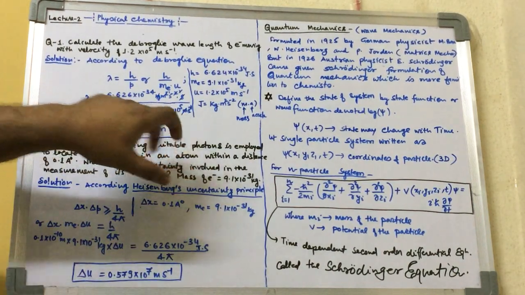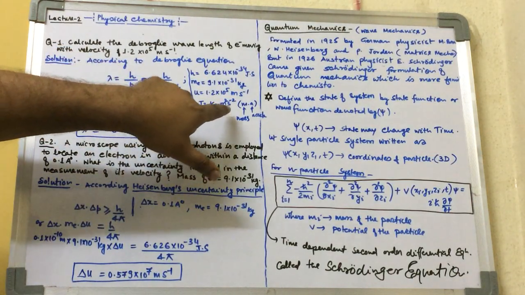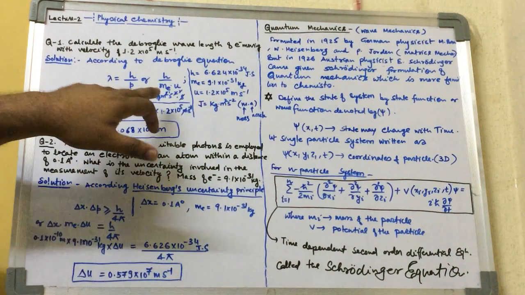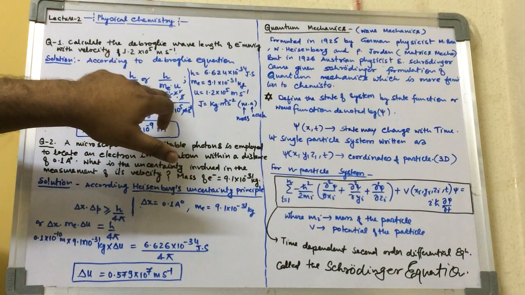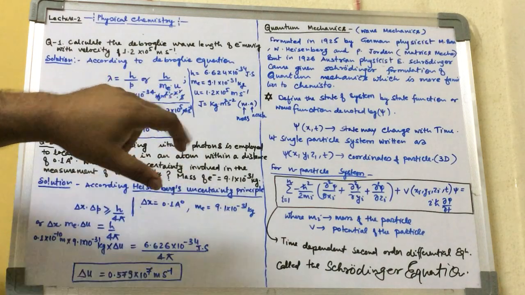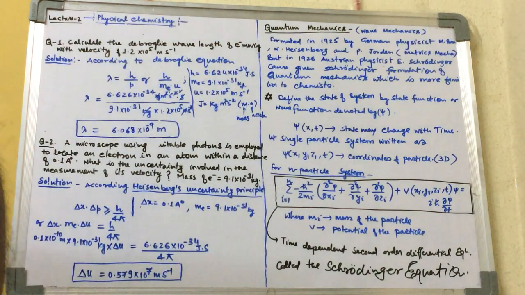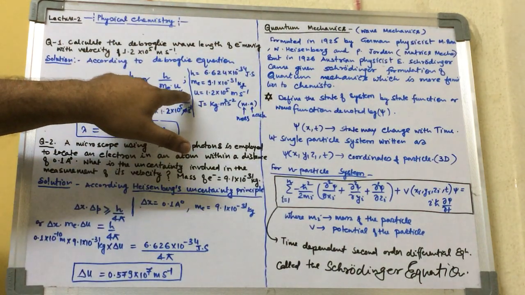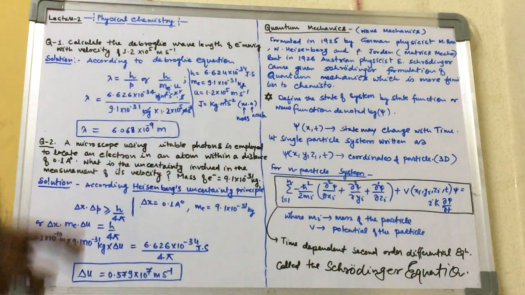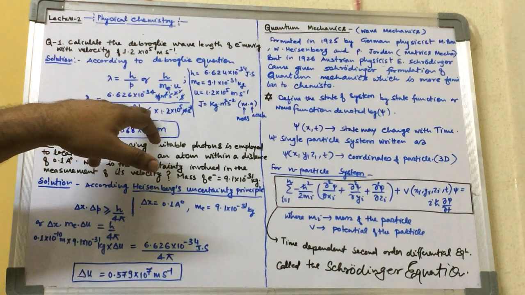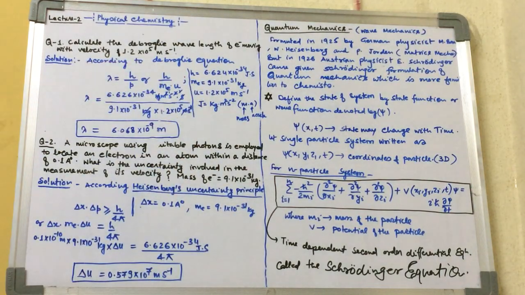Since the unit of Planck constant is joule into second, second is already present, so I only put kg meter square second minus 2. In the denominator kg and meter second will cancel the numerator units.